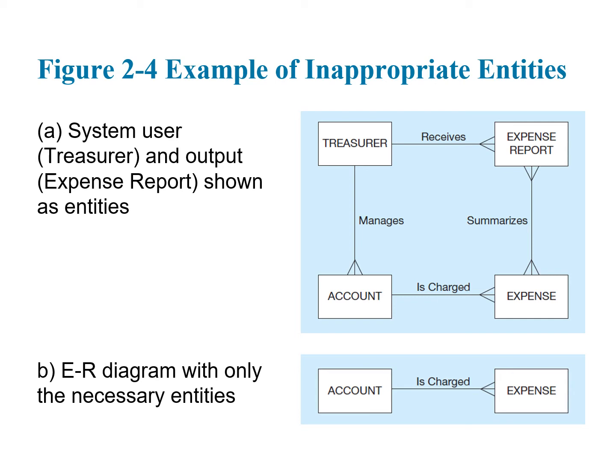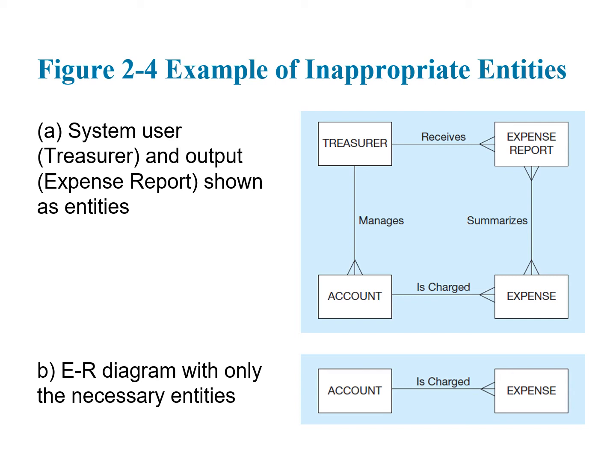This figure illustrates a mistake many novices will make. The treasurer is a user of the system, and the expense report is an output of the system.